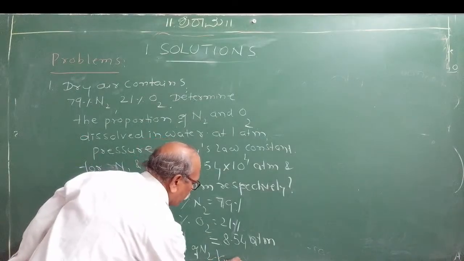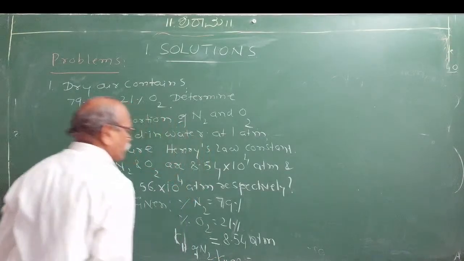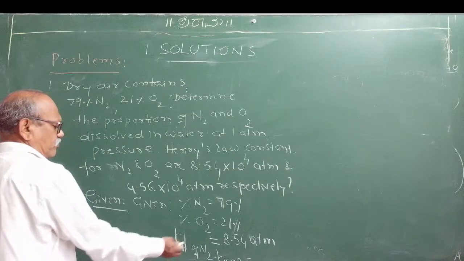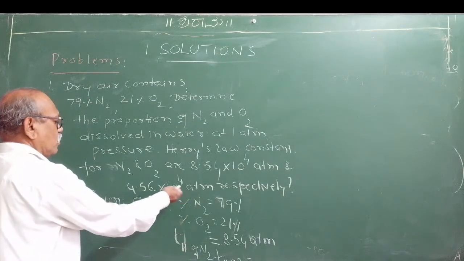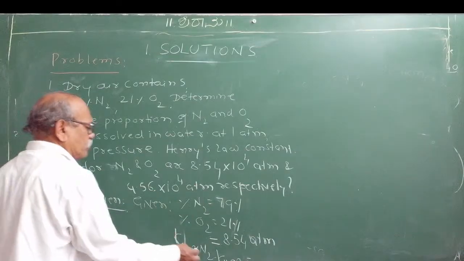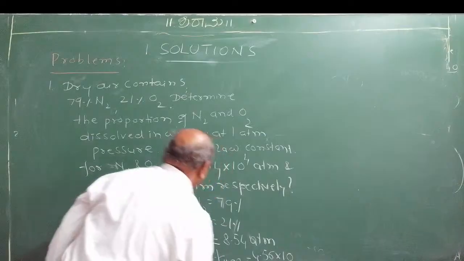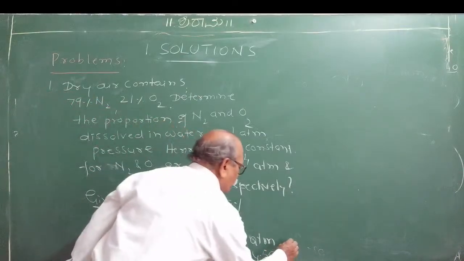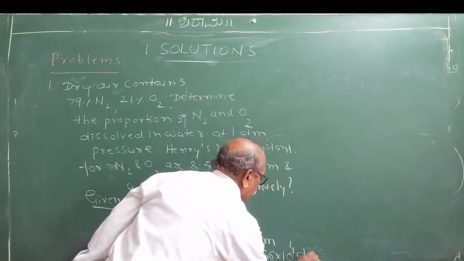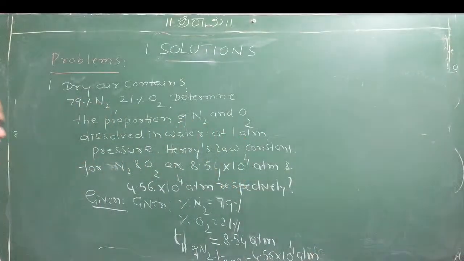KH of oxygen is given as 4.56 into 10 raised to 4 atmosphere.